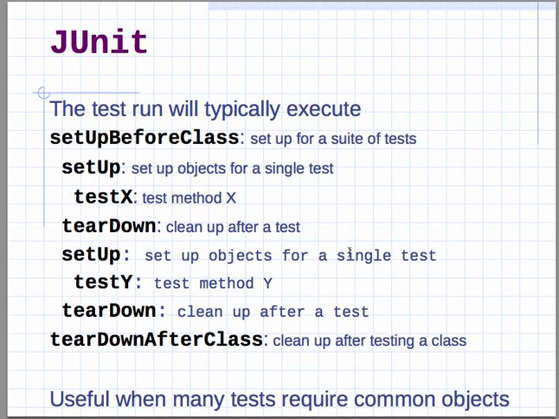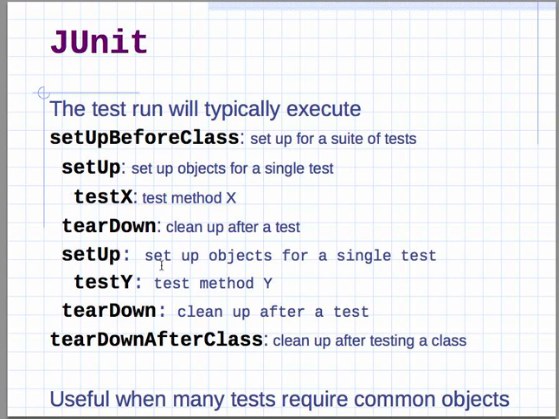Typically when you run a test, and we'll go over how to do that, the order in which things get executed is you set up everything you need for a suite of tests. So you call the setup before class, and then you create instances of the class under test, and you call setup, test, teardown, then setup, test, and teardown. And there can be more than just two.